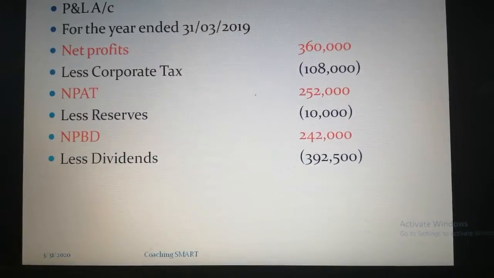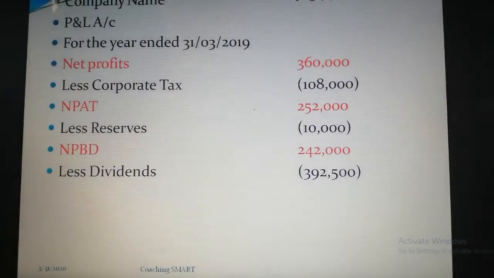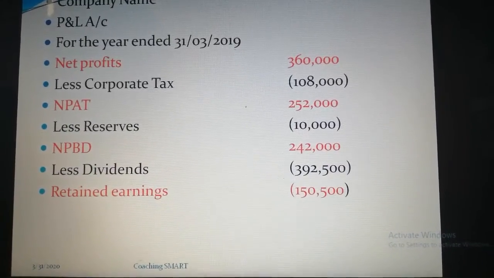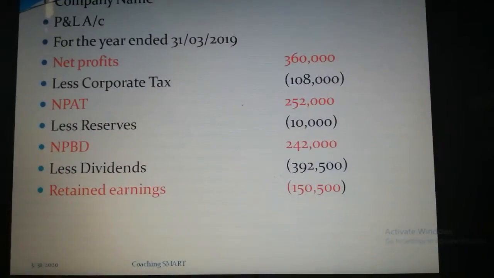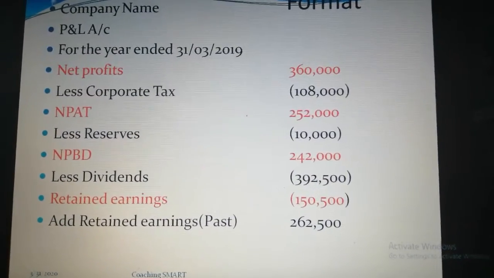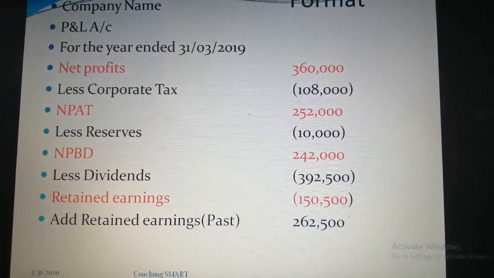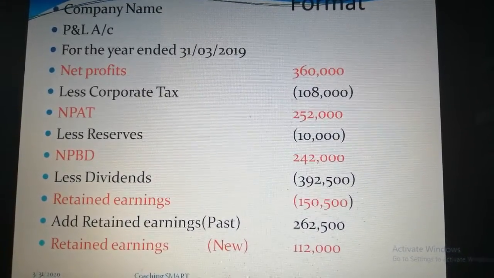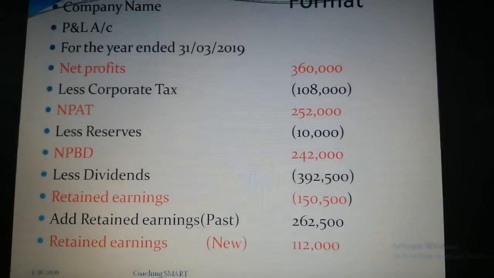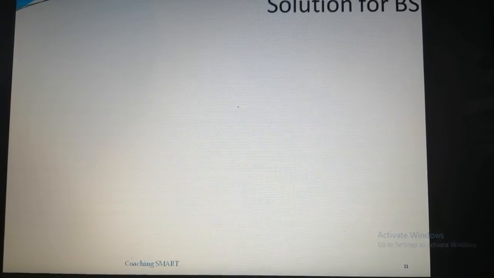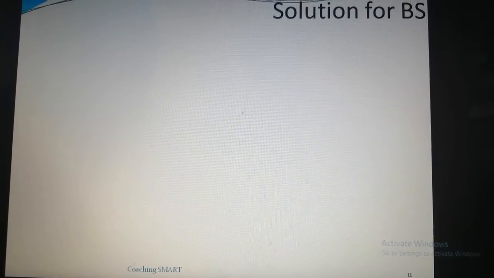When you less dividends, which is 392,500, what you get is retained earnings, which is a loss of 150,500. You add the retained earnings for the previous year, which is 262,500. What you get is our new retained earnings, which is 112,000.